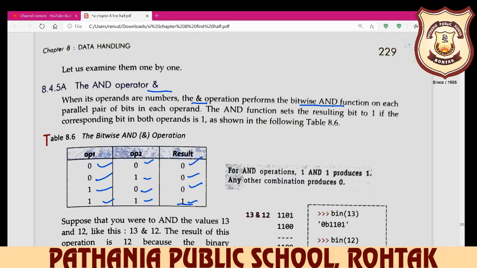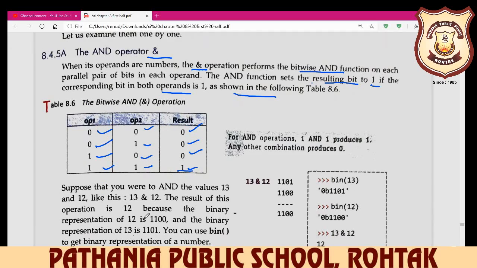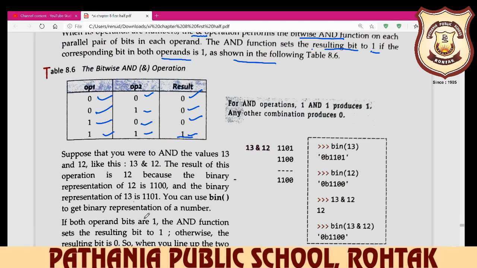It also gives the answer in 0 and 1 form. The AND function sets the resulting bit to 1 if the corresponding bit in both operands is 1. For the AND operation, 1 and 1 produce 1, and any other combination always produces 0.